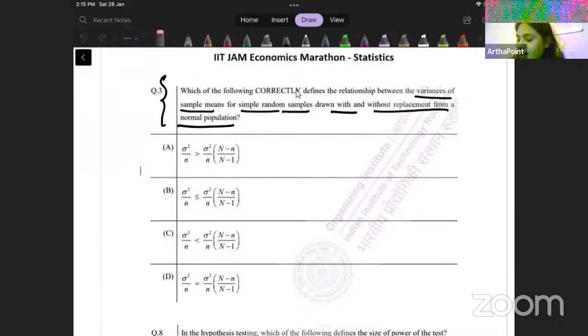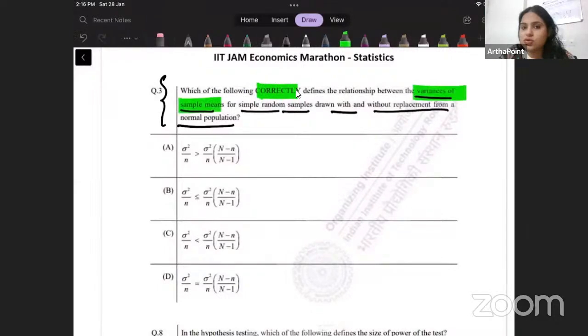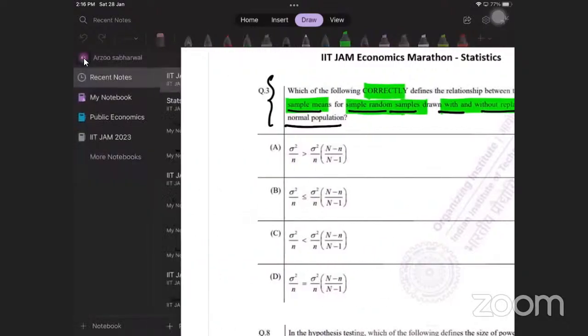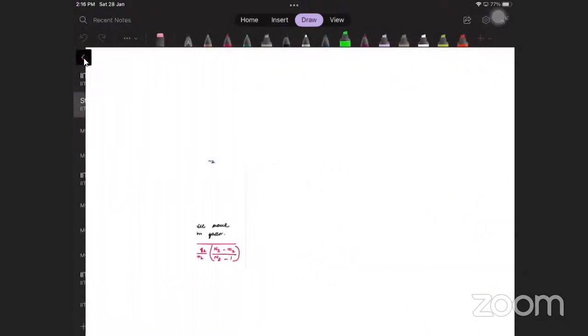This question says, which of the following correctly defines the relationship between variances of sample mean for simple random sample drawn with and without replacement? This is what the question is asking. In order to do this question, I would like to first explain what is with and without replacement.